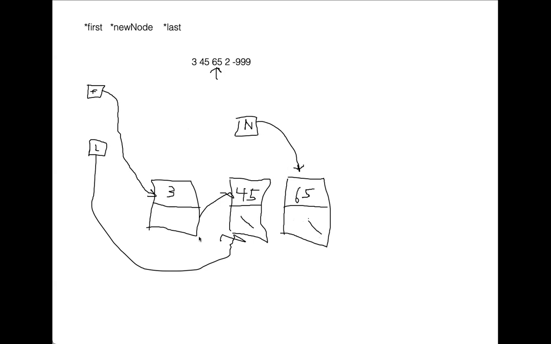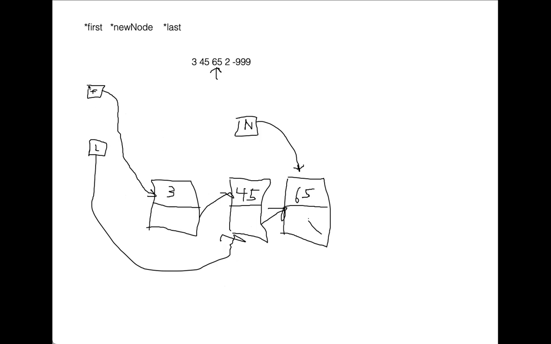Then again, first doesn't point to the null pointer. Last points here. So I'm going to change the last pointer, the last link, sorry, to this new node, which is right here.